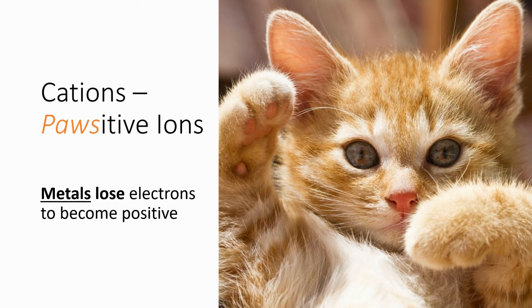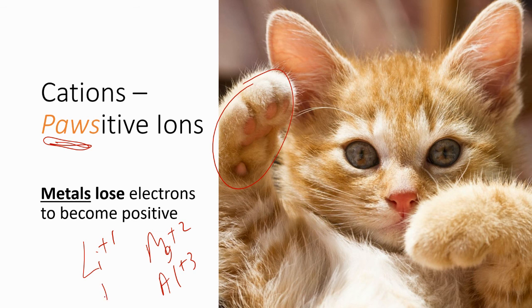Also, I'm using the word potentially. You've heard it, that when things are positive, they're called cations. Here is a cat. Notice a cat has paws, and because it has paws, cations are positive. So anything that has a positive charge, lithium +1, magnesium +2, aluminum +3, iron +2, anything like that, those are all considered cations because they have a positive charge.